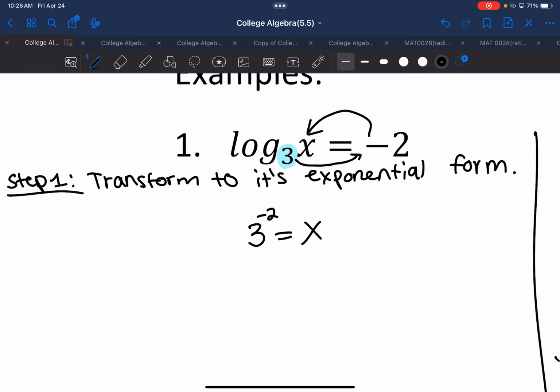Really, this is the answer, 3 to the -2 power. I already got x by itself, so that was super easy. But I can't write this answer with a negative exponent. So now I just have to rewrite it with a positive exponent using that rule.